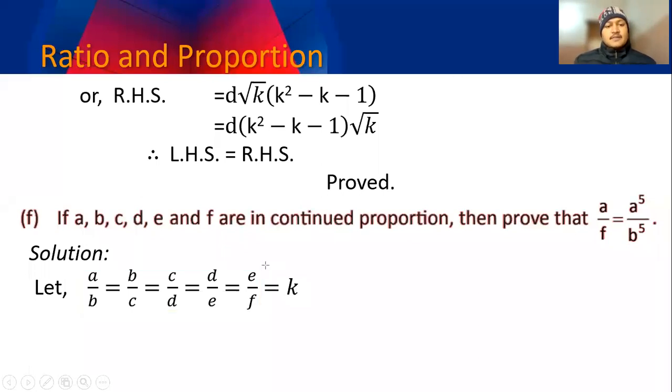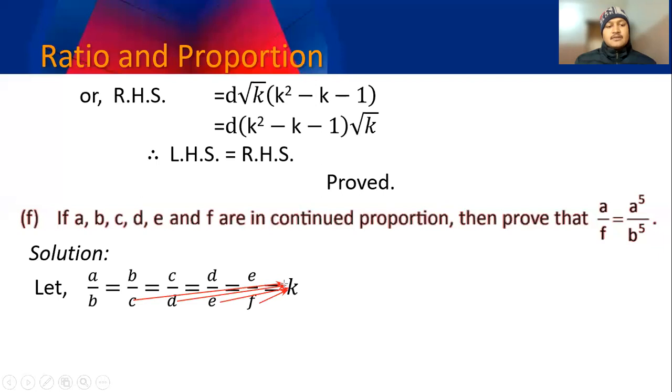If it is equal to k, what will be the value of E? Fk. Value of E is equal to Fk, isn't it? Now value of D, Ek. And what is the value of E? Fk. We have to substitute that. Again, value of C, Dk, and we have to substitute the value of D. Value of B is Ck.